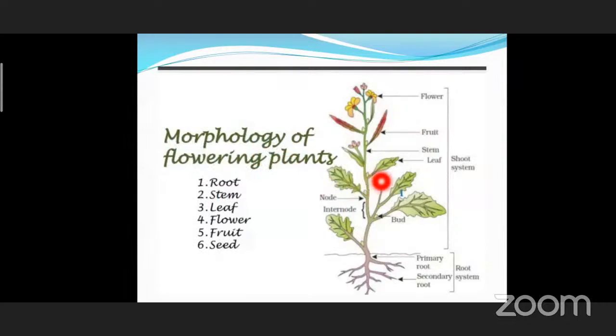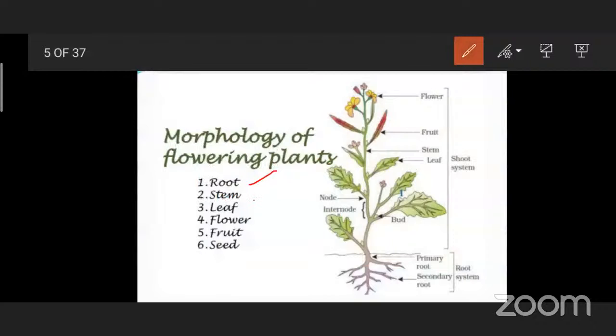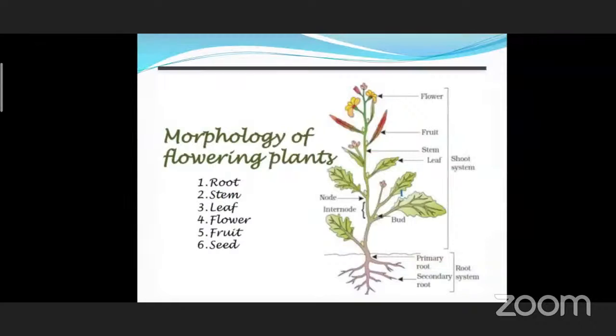They are all characterized by the presence of root, stem, leaves, flowers, and seeds enclosed by fruits. Some plants show adaptations to their environment, for example, adaptations to various habitats for protection, climbing, and storage.